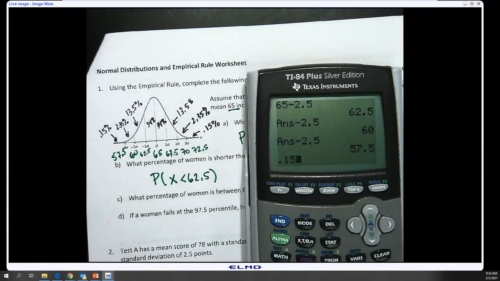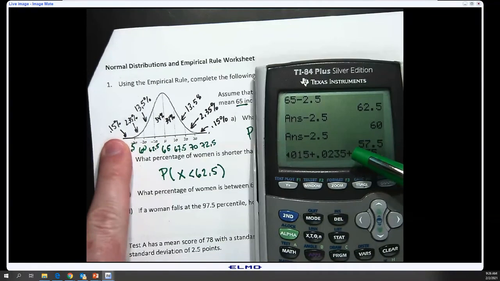So 0.15 plus 2.35, nope, 0.235. If you're going to do decimals here, this is my mistake. It should be 0.0015 plus 0.0235 plus 0.135. Because remember, if you're doing percentages, you have to move the decimal over twice.